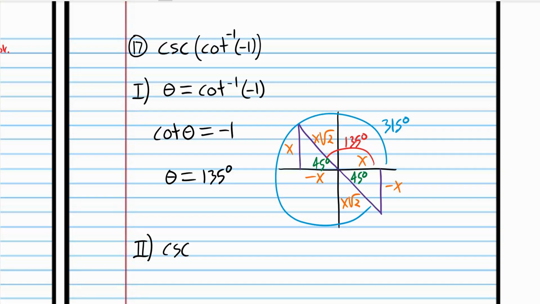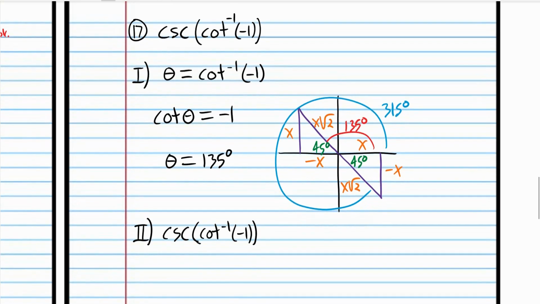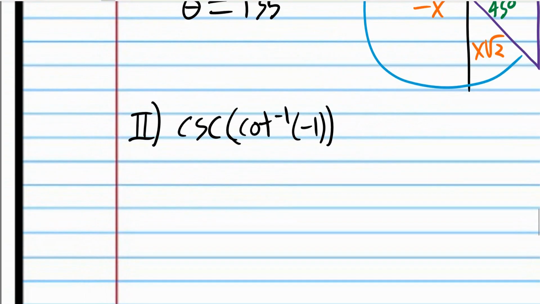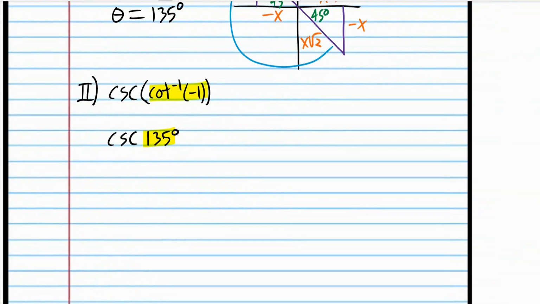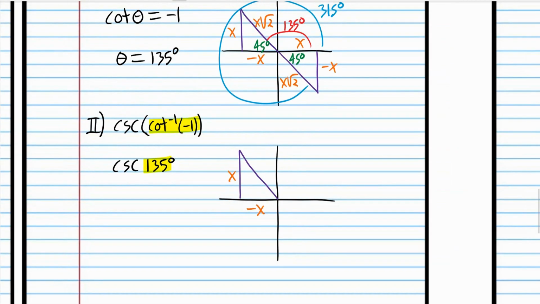So now we're going to find cosecant of cotangent inverse of -1. We know cotangent inverse of -1 is 135. We just found that. So now we just need to find cosecant 135 degrees. And we're kind of just drawing the same triangle that we did up here.